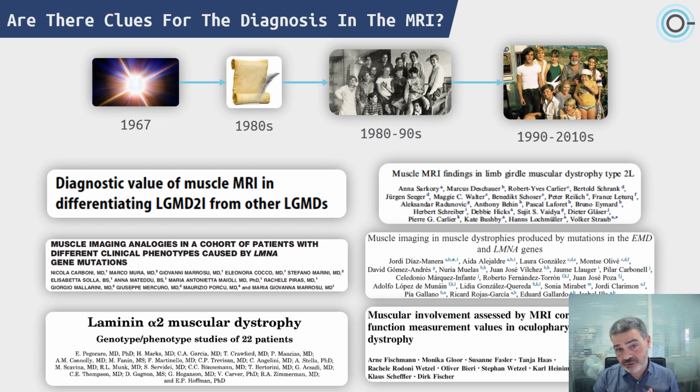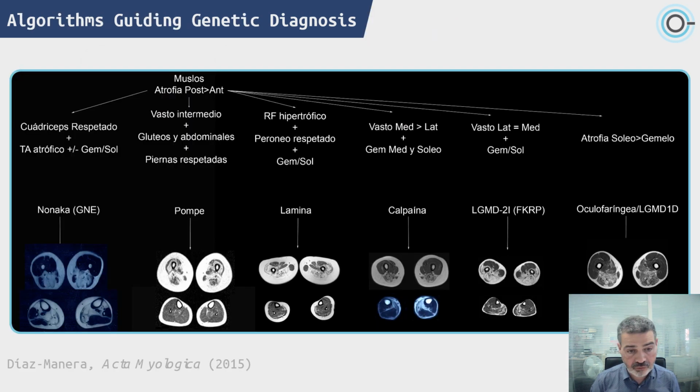And from the 80s to today, there have been many papers describing the MRI features of different neuromuscular diseases.